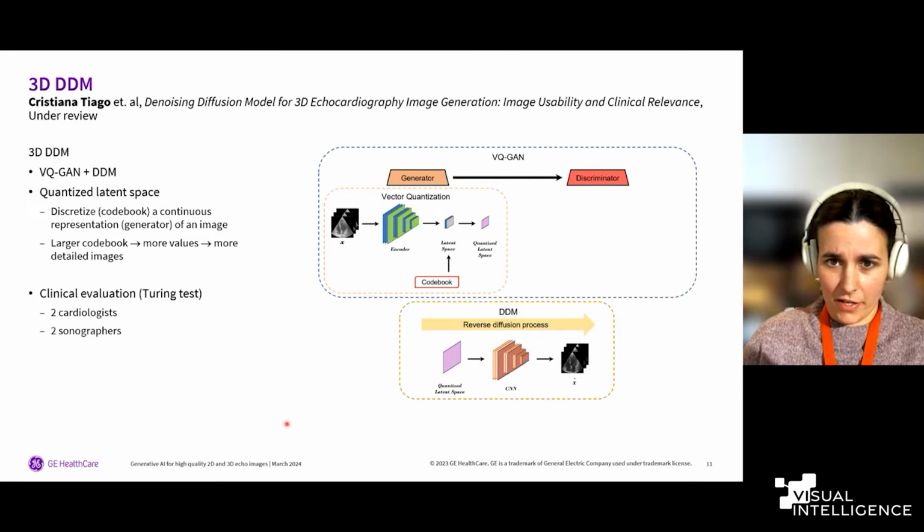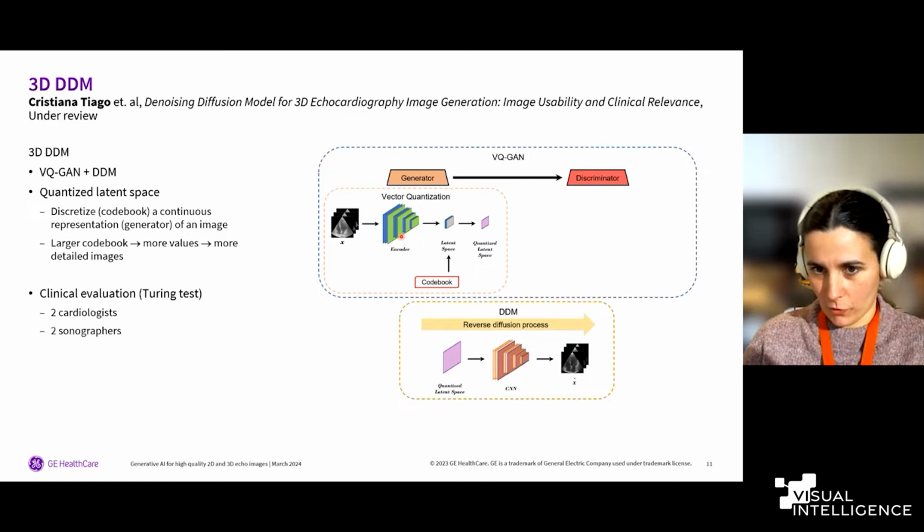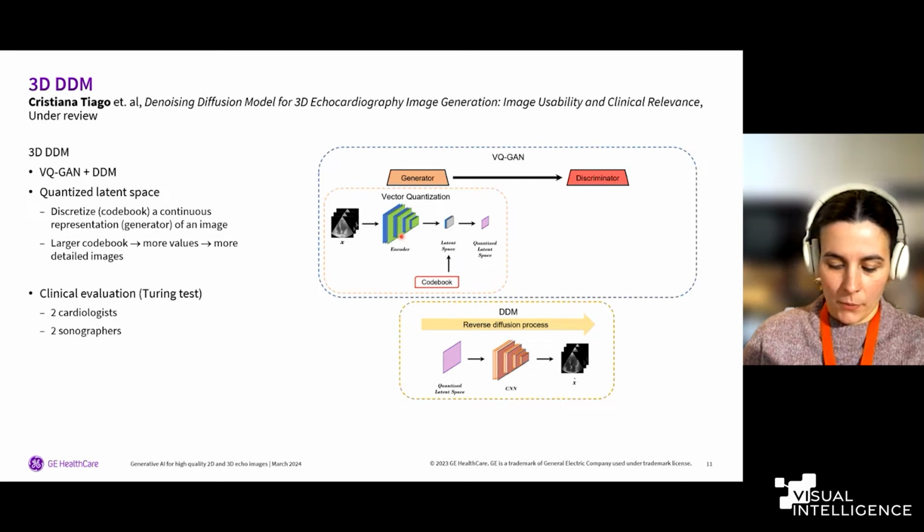So there's a generator, there's a discriminator, and the generator creates the latent space from the training data set. And then what we do is that we create this codebook, and this codebook can be seen, for example, as a dictionary. So imagine you have a dictionary and you say that you want it to have 1,000 words. And then you go to the latent space and you map each of the features present in the latent space to those 1,000 words on the codebook.